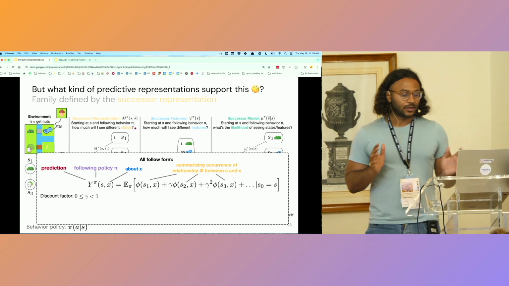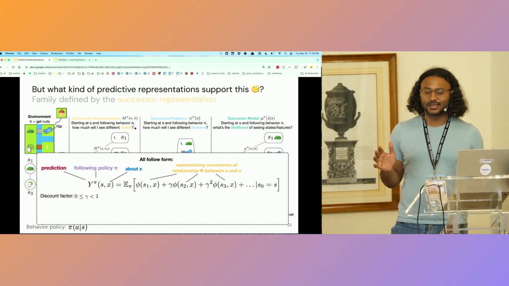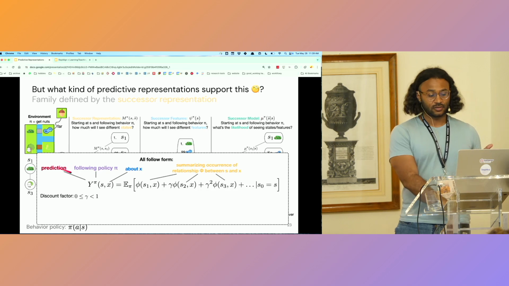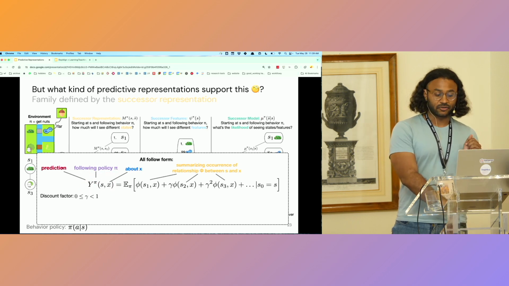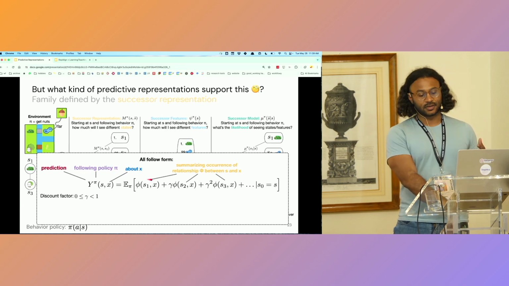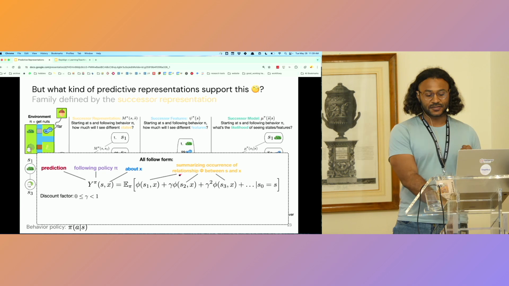And they all follow this basic form, and honestly, this is going to be the only equation of the talk. You have a prediction, y, that is, when following some policy pi, you care about something x. So it's a prediction about x when following policy pi, and what you're summarizing is the occurrence of some relationship phi between s and x.